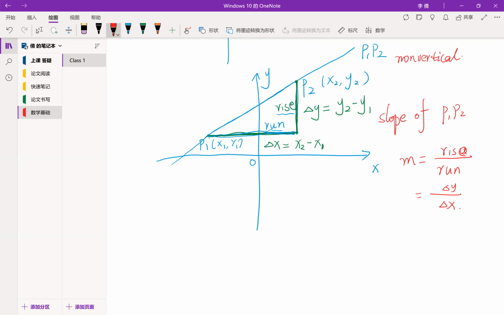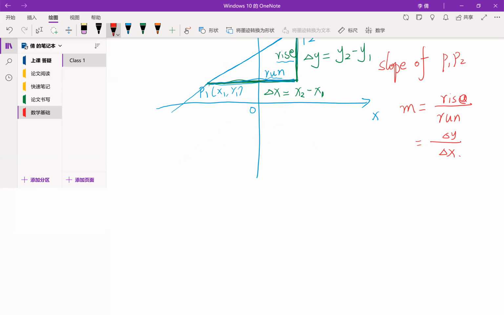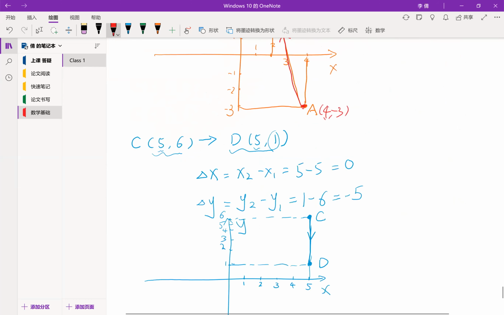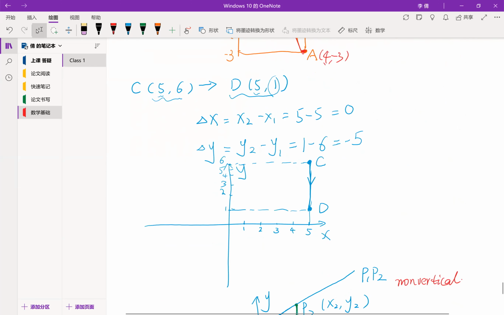And let's see what happens if there is a vertical line. Let's look at this example. Suppose there is a line passing through the point C and the point D. What are the run and the rise between the two points? This is the rise, right?